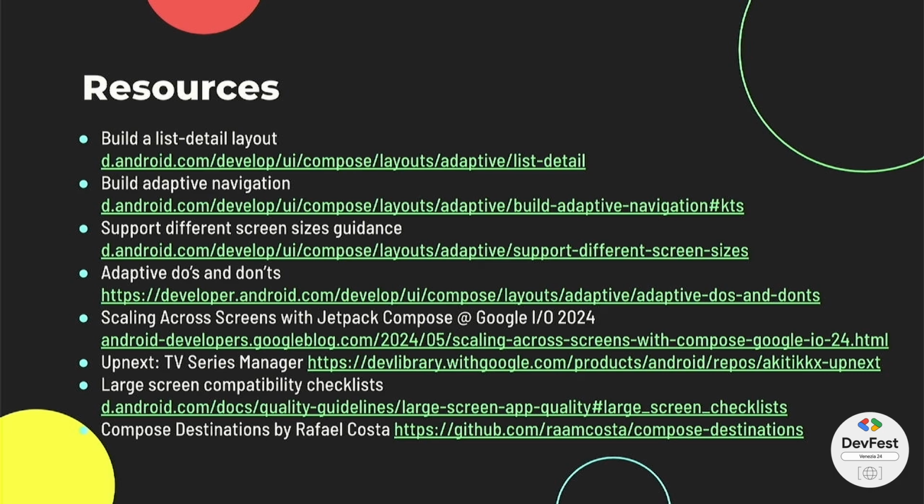Then the adaptive do's and don'ts that I mentioned earlier, all the different categories around resizability, using Compose, aspect ratio, and so forth. All of this is in the documentation. Then if you want to scale your app across screens, the blog where Google introduced this at Google I/O, that's the information there, the blog article there.